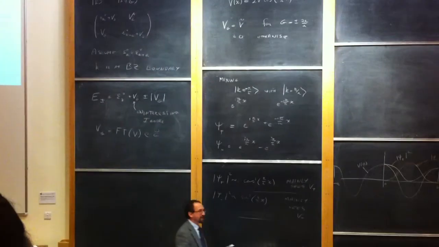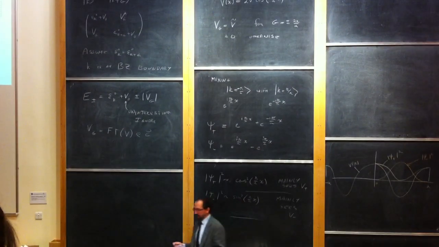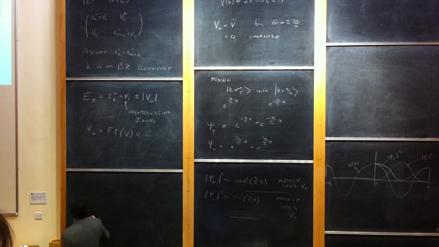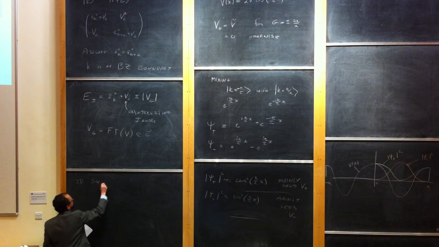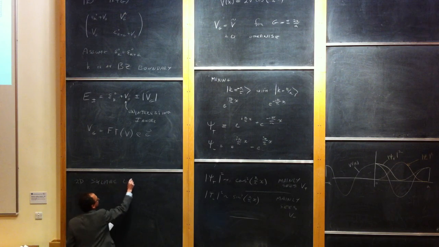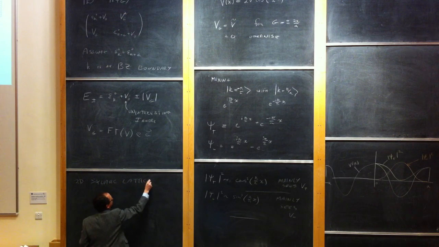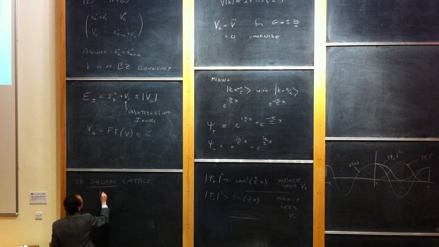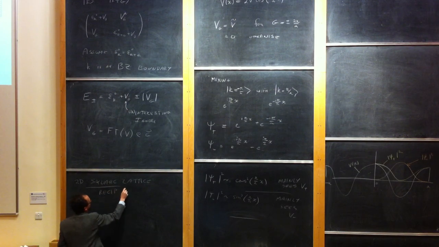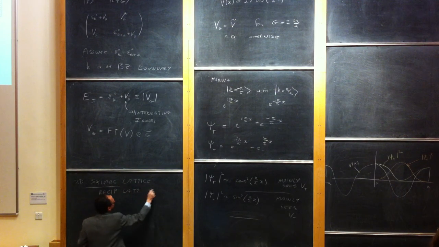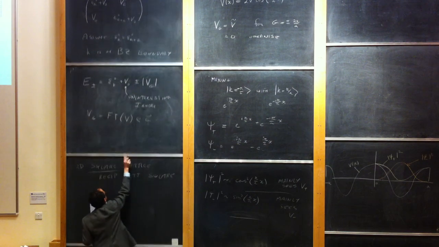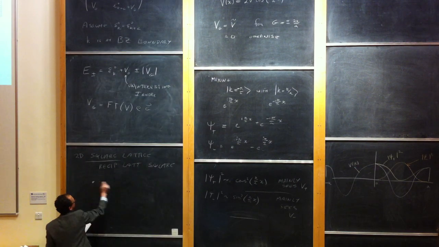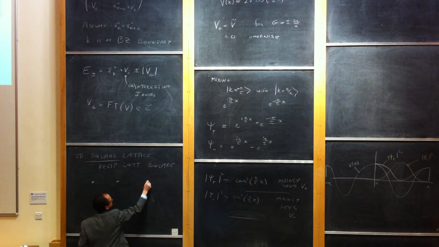Now the story is not too much more complicated in 2 and 3 dimensions. So let's consider a 2-dimensional case, a 2D square lattice. And I'm going to plot the reciprocal lattice, which is also square.